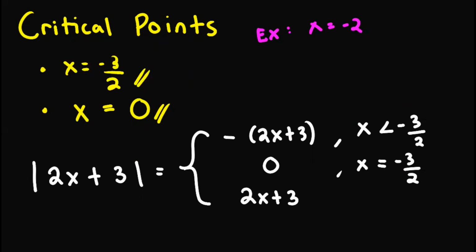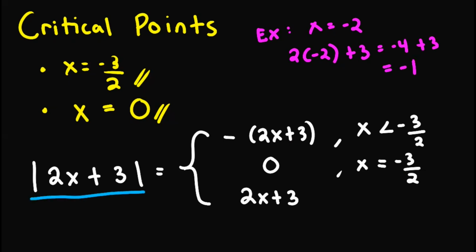Observe that if we get x equals negative 2, the value of 2x plus 3 at x equals negative 2 will be 2 times negative 2 plus 3, which is negative 4 plus 3, or simply negative 1. And since we're dealing with absolute value out here, we must take its positive version.